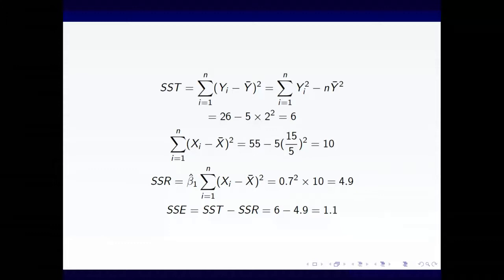And then you can calculate the sum of xi minus x bar square, which is also the sum of xi square minus n times x bar square. So 55 minus 5 times (15 divided by 5) square, which is 10. And then you can calculate the SSR, which is beta 1 hat squared times the sum of xi minus x bar square, which is 0.7 squared times 10, which is 4.9. And then SSE is equal to SST minus SSR. So 6 minus 4.9 is equal to 1.1.